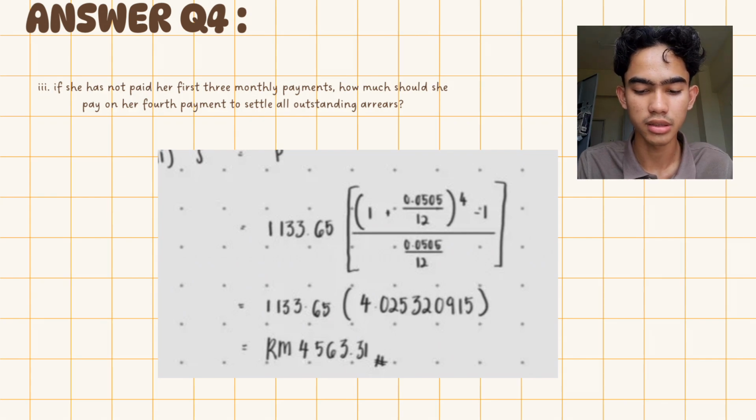By calculating inside the bracket first, we will get 1133.65 multiplied by 4.025320915. Calculate, and our answer will be 4,563 ringgit and 31 cents.